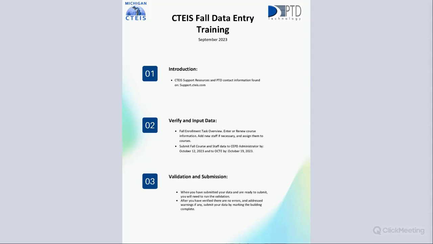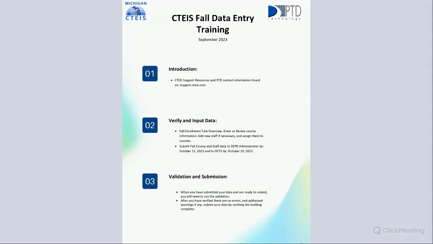The second item we're going to cover is our fall data entry process. We're going to discuss how to verify and input your fall data entry. That includes the fall enrollment task overview. We're going to discuss how to enter and renew course information, add new staff if necessary, and assign them to courses.